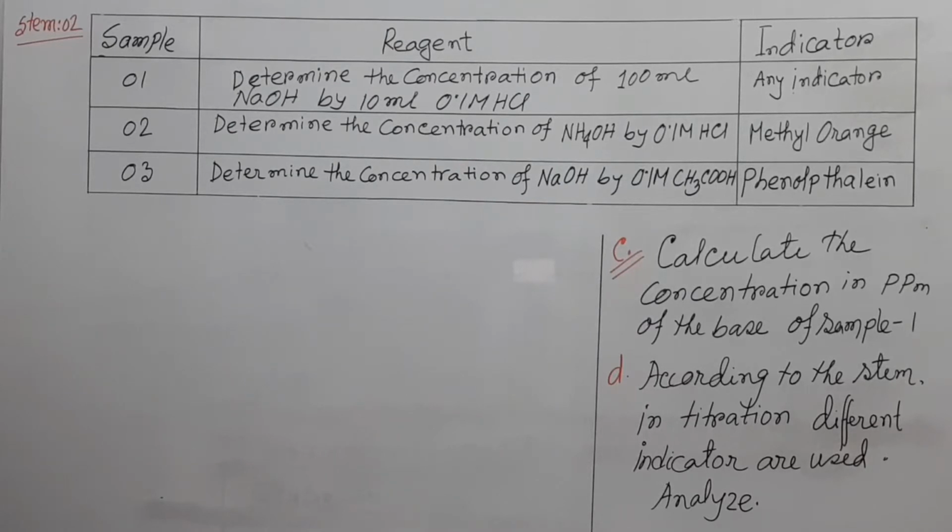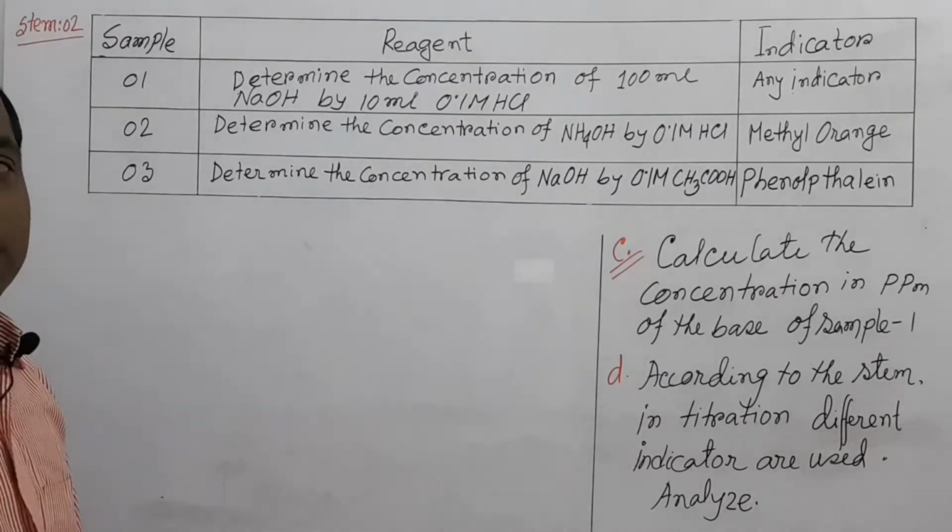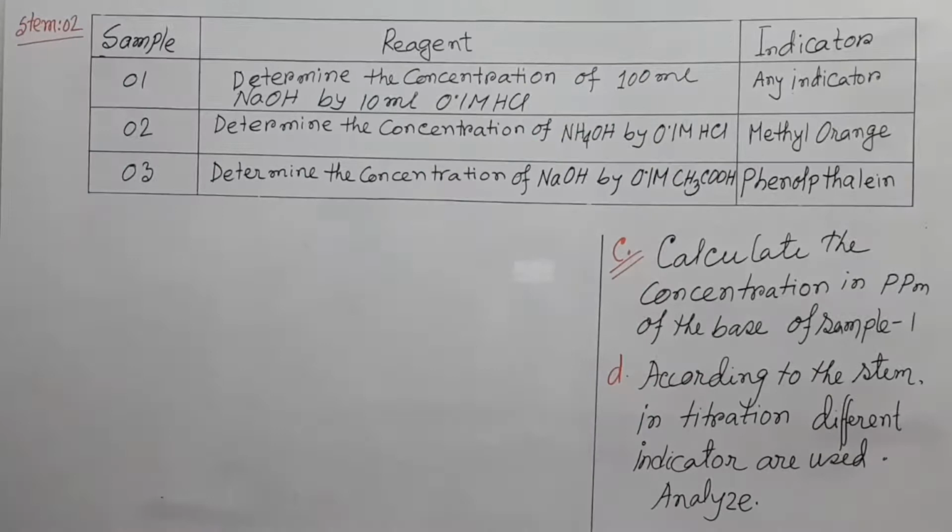In this reaction, any indicator can be used. Sample 2, determine the concentration of ammonium hydroxide by 0.1 molar hydrochloric acid, and here we use methyl orange indicator.